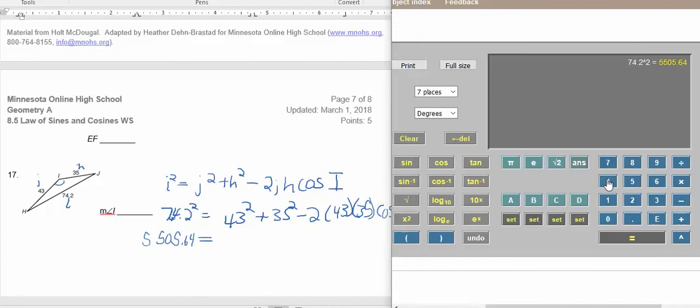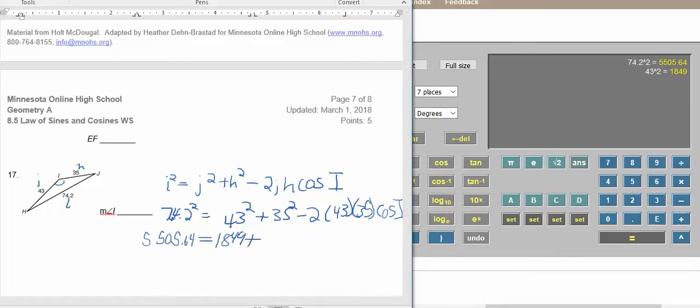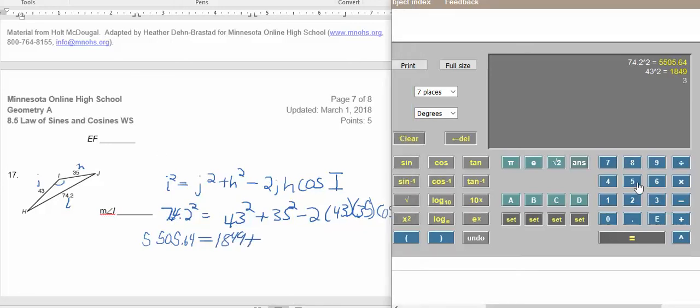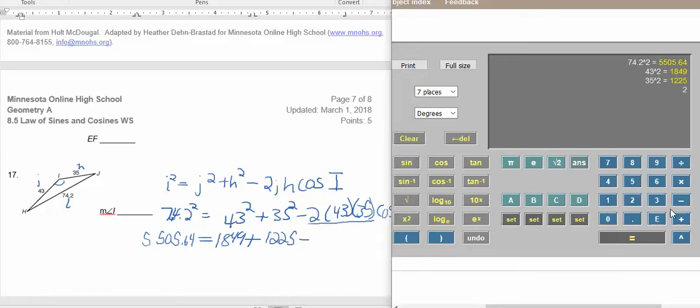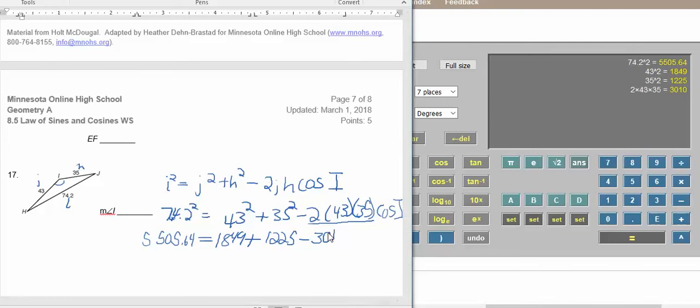And then 43 squared is equal to 1849. 35 squared is equal to 1225. And now I'm going to do this part, 2 times 43 times 35, which is 3,010. And then I have to write after that the cosine of I.